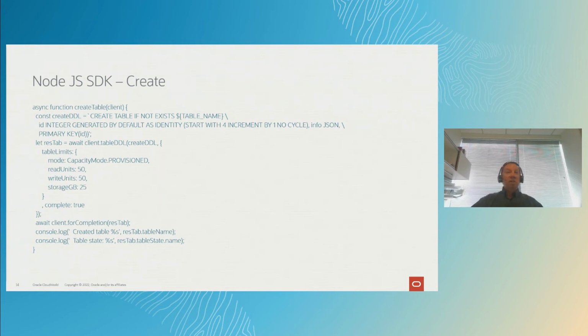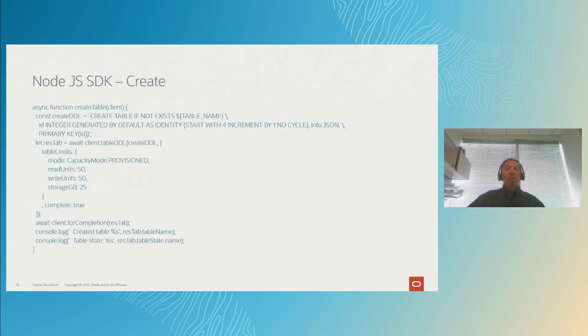Then we see the table limits. In this particular case, we're using the mode of provisioned. We covered the table limits and the provision model in prior slides. In this case, we're doing 50 read units, 50 write units, and 25 gigabytes of storage. And then we set complete to true.